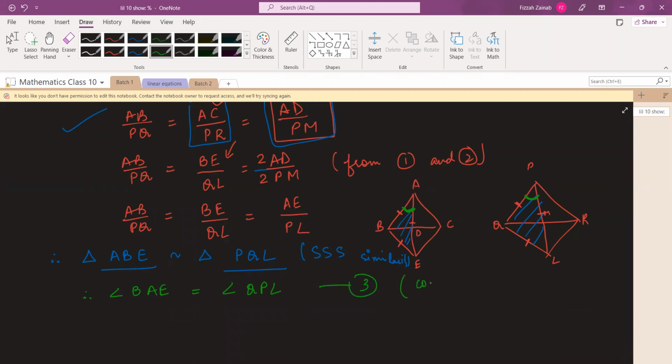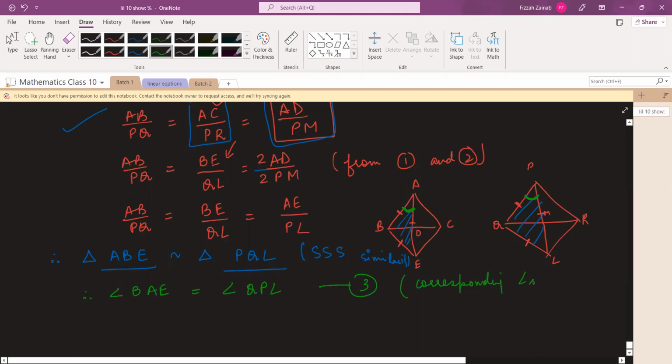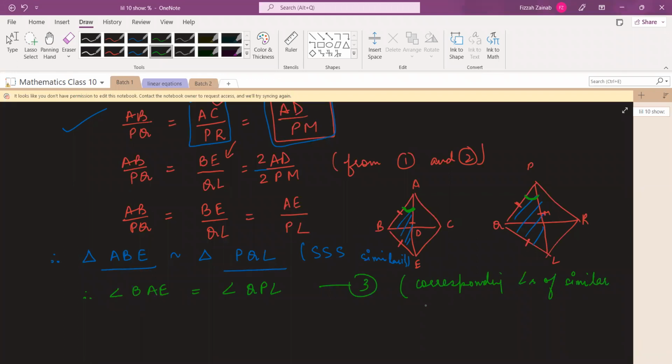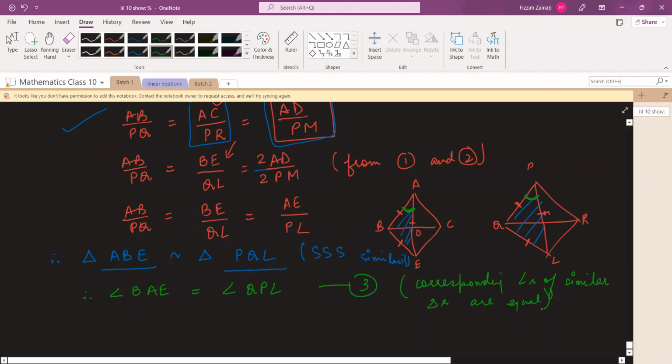Corresponding angles of similar triangles are equal. Right? And also AEC, then PLR we can also show here.